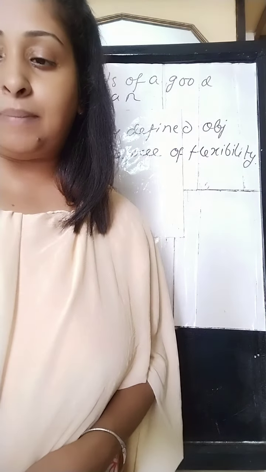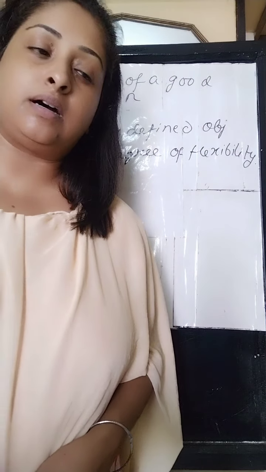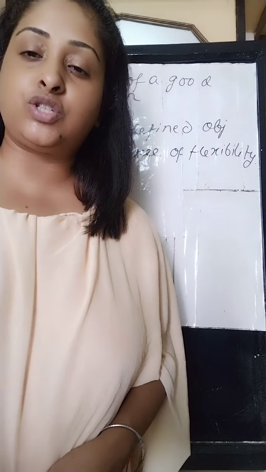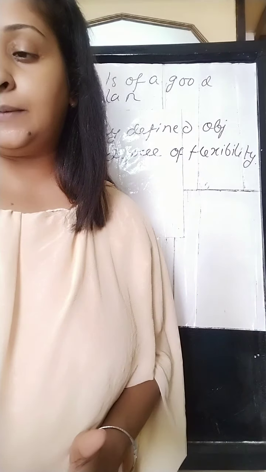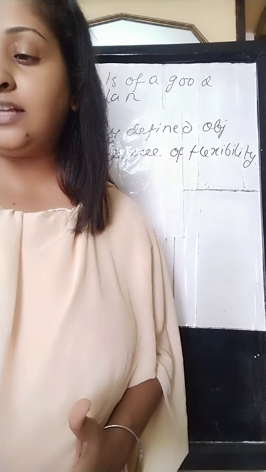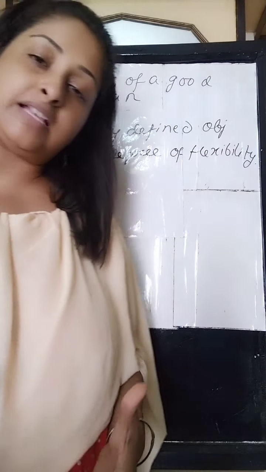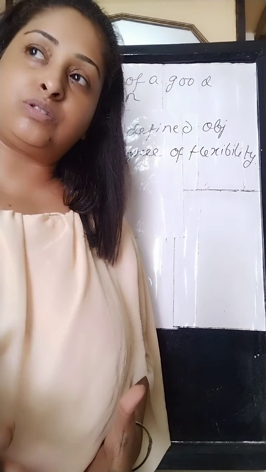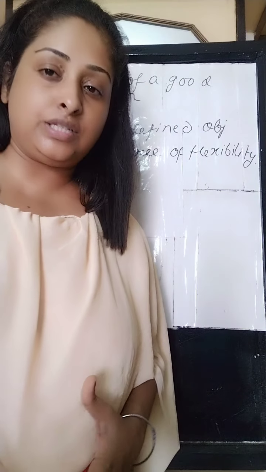So a flexible plan can easily be adjusted with the changing circumstances, with the changing situations. A plan should be prepared with a high degree of flexibility so that it can change in any kind of challenging situation.